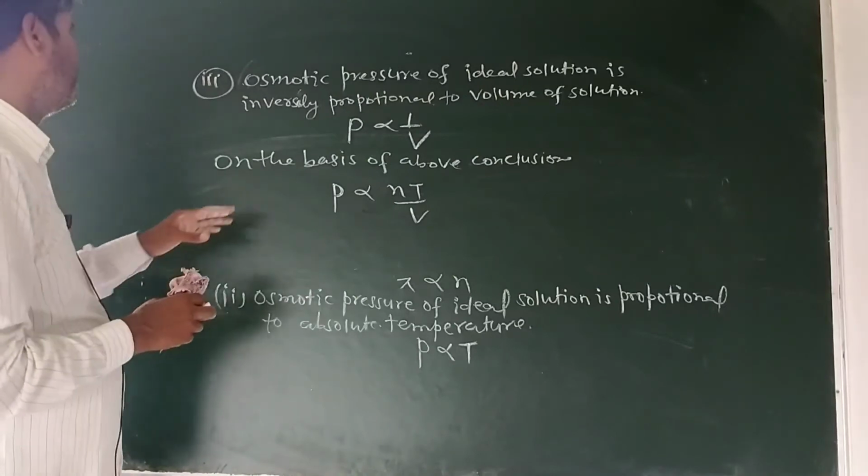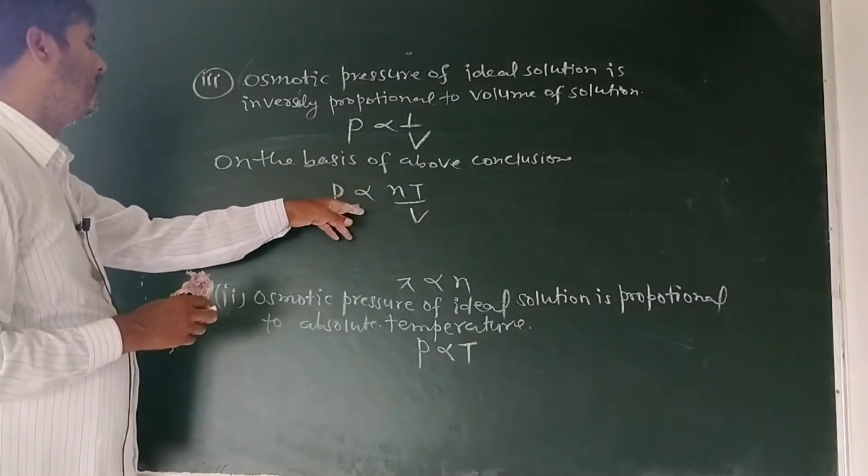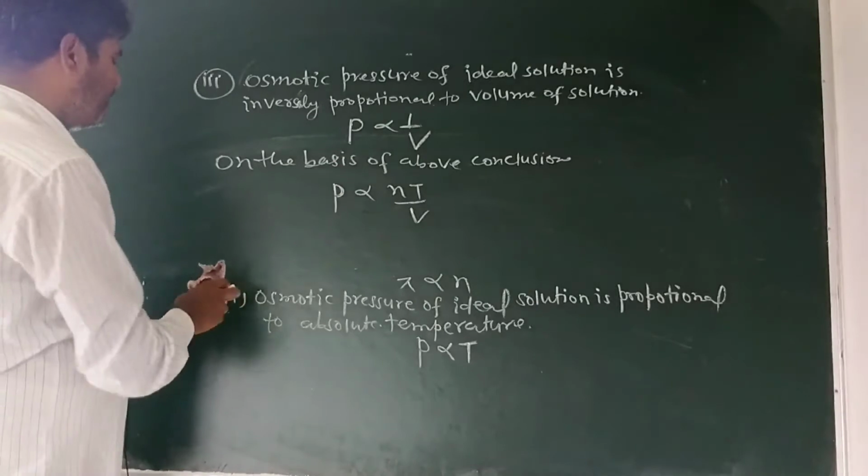To remove the proportionality, we use a proportionality constant.